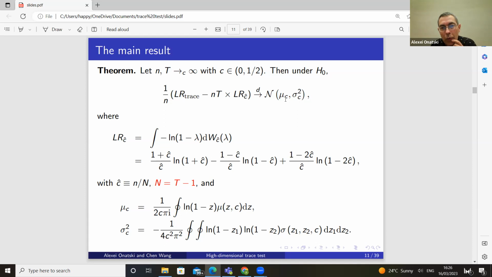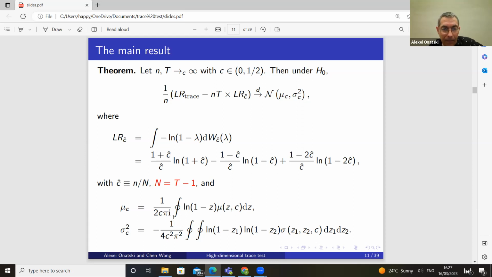Now this mu and this sigma also unfortunately should be expressed in terms of some contour integrals, with the contour encircling the domain where this Wachter distribution lives.